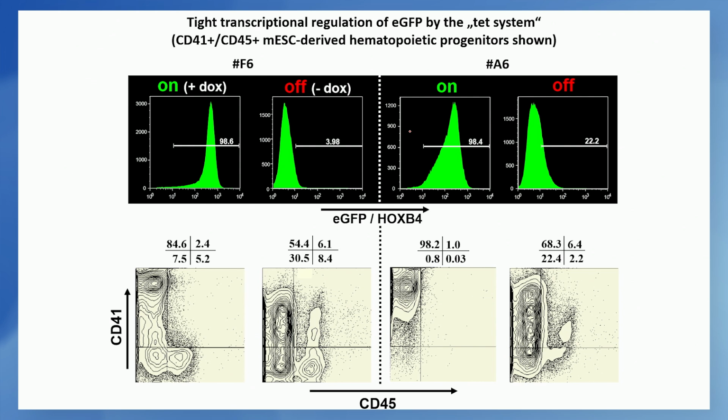On the bottom, not so important, showing the biological properties of these cells, these are differentiating embryonic stem cells of the mouse, showing formation of hematopoietic cells. But that's not so important. Important is that you can build inducible, for example, complex retroviral vectors which act as you want them to act.